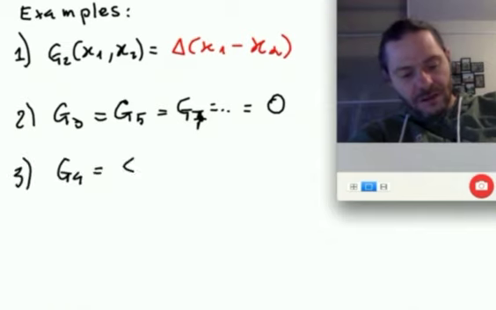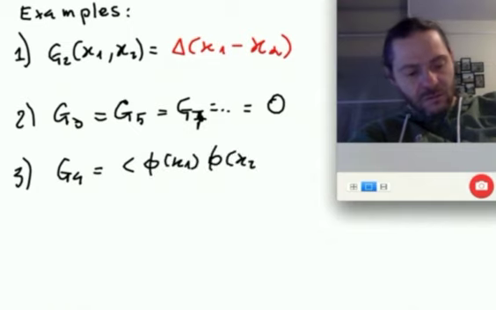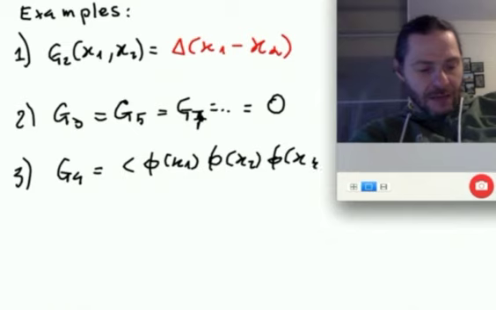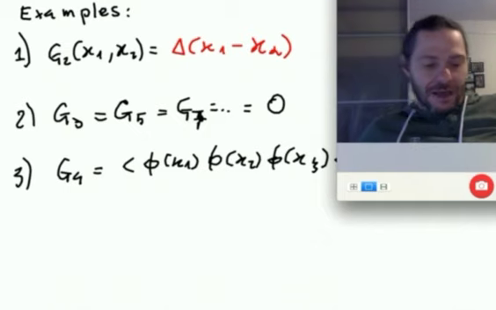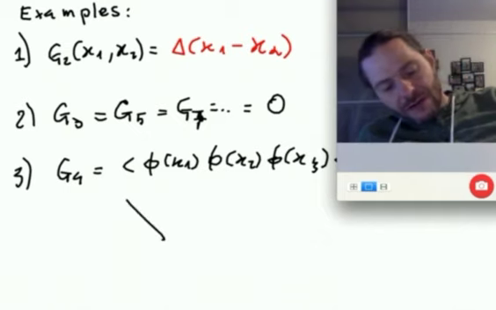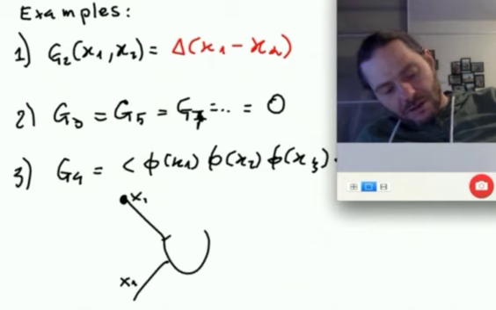And then in this case, I have phi x1, phi x2, phi x3, phi of x4. Now that's a little bit of a complicated calculation, and graphically this is represented by putting 4 points joined to a block.